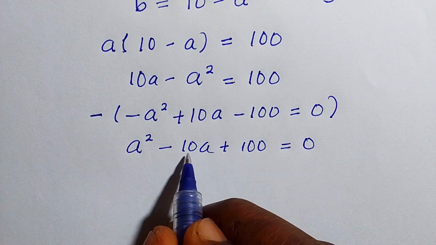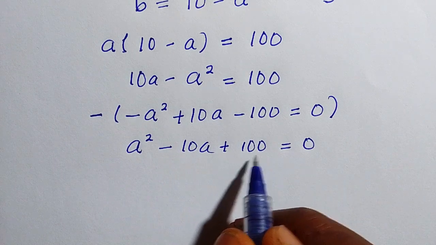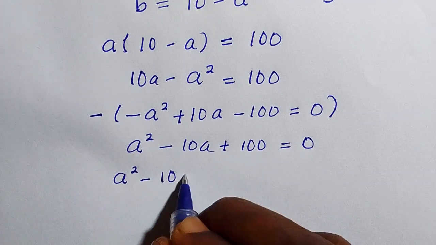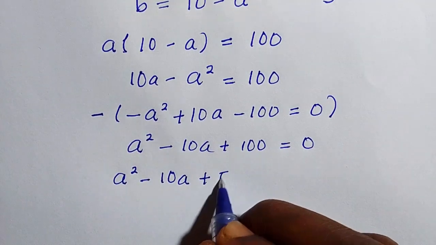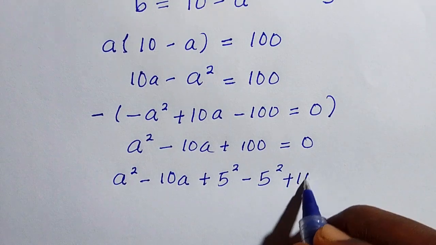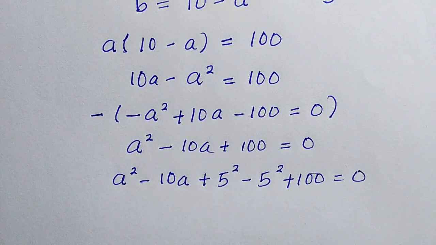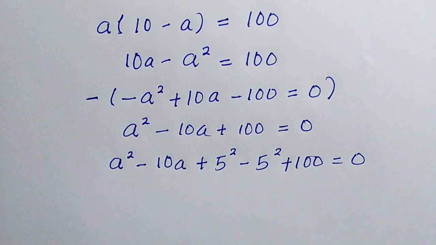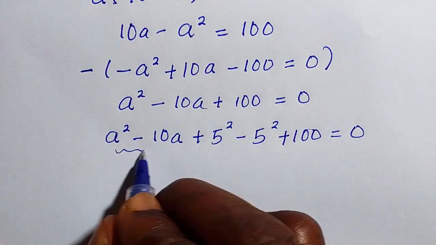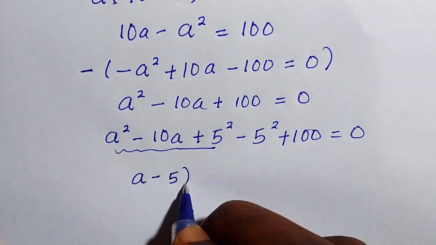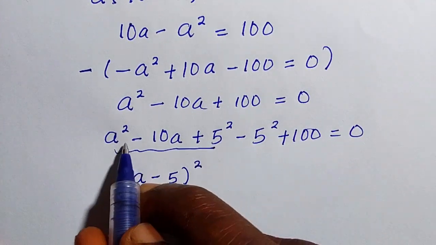So suppose we add 5² and subtract it, as we have a² - 10a + 5² - 5² + 100 = 0. So when this cancels, we still have the original equation. Then let's combine this together as (a - 5)².